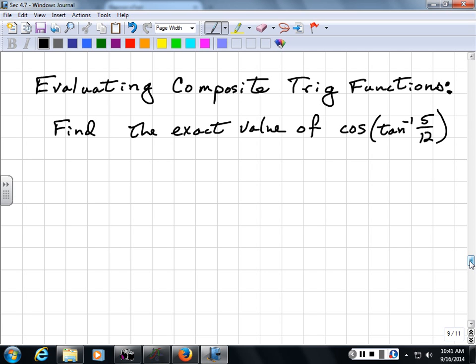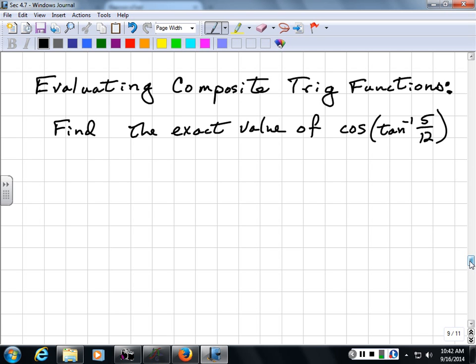Now, if you know how to use your fraction and decimal key, you can do it. However, being the stinker that I am, I'm going to write on this, show your work, which means I want to see what you're doing. Because, once again, do you understand what the cosine of the inverse tangent of 5 over 12 is actually asking you to do? It's a rhetorical question.